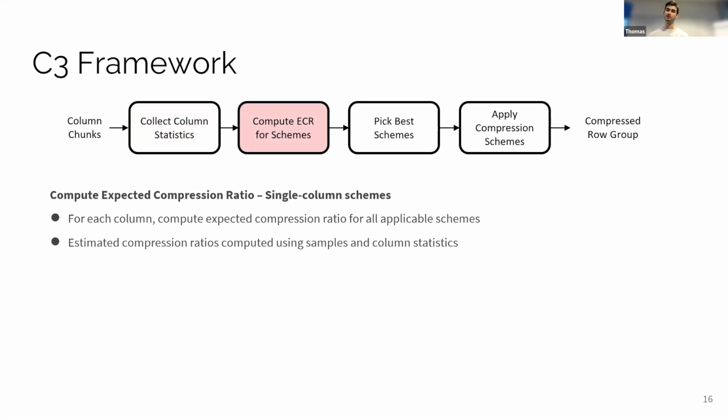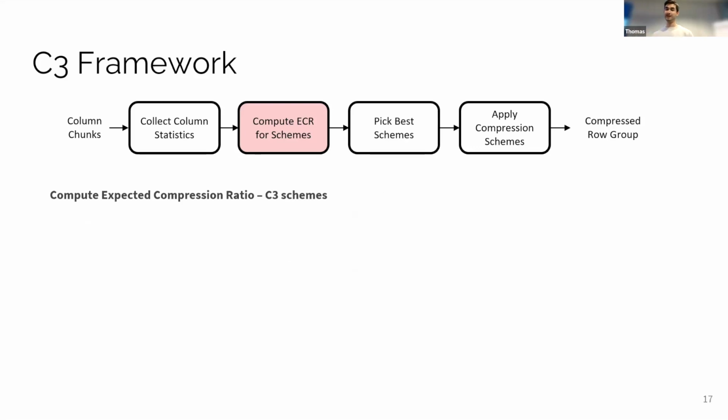We compute these using both samples and column statistics. We also use the column statistics to filter out any unpromising schemes. For example, if a column has too many unique values, it's pretty clear that it might not be well suited for dictionary compression. In the next step, we again compute expected compression ratios, but now for the C3 schemes.